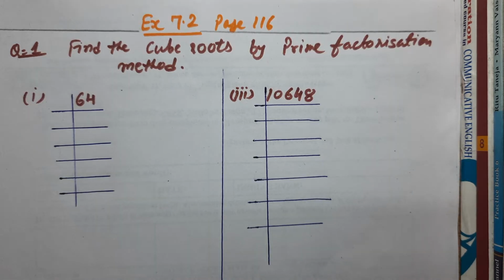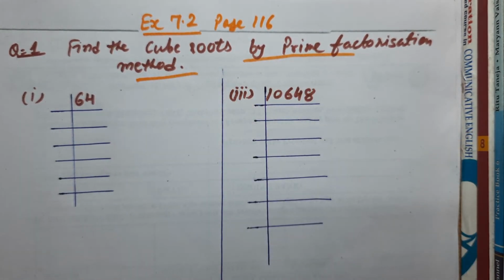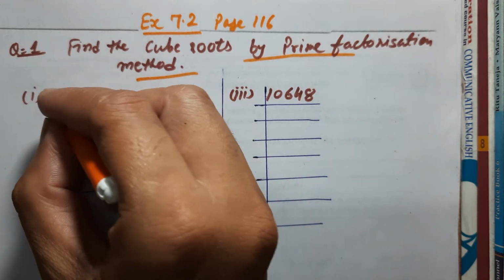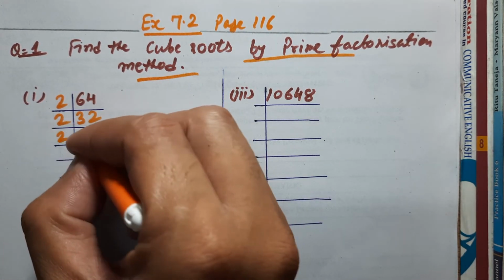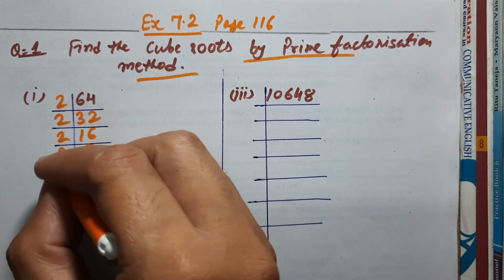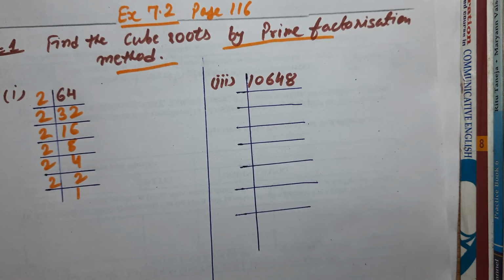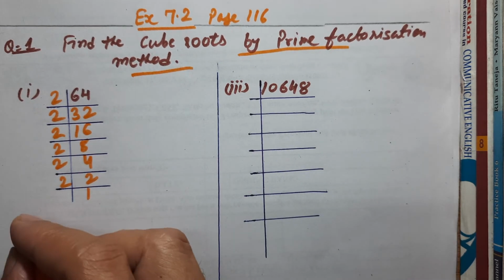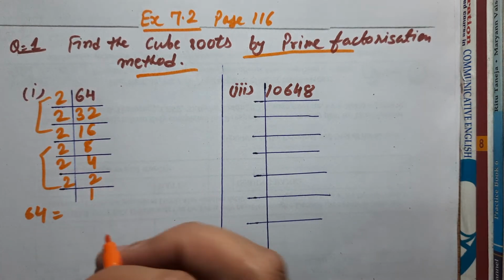Now exercise 7.2, page 116. Find the cube root by the prime factorization method. First part is 64. As I have already told, you must know the divisibility test. Divide by 2: 2 3s are 6, 2 2s are 4, 2 8s are 16, 2 4s are 8, 2 2s are 4, 2 1s are 2. So 64 can be written as, just see, 3 pairs are there.